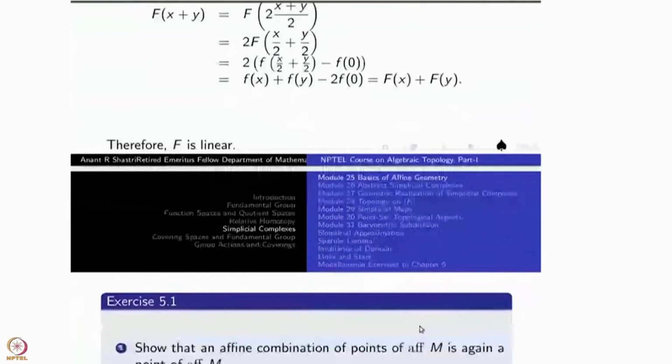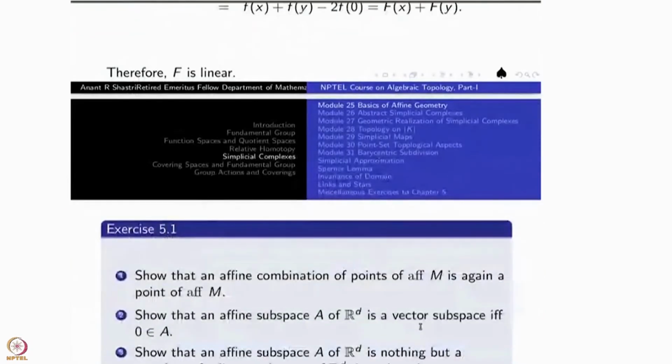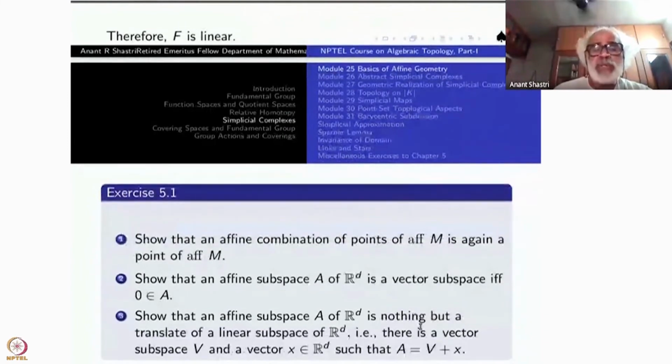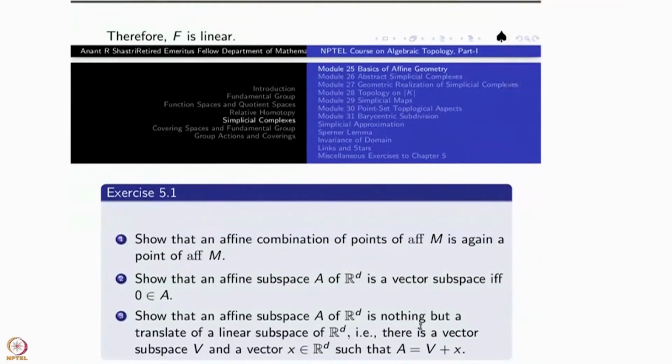Okay. So here are a few exercises. Okay, an affine combination of points of A is again a point of A. Okay, show that an affine subspace A of R^d is a vector space if and only if it is passing through the origin, that's all. Okay, all these exercises are very straightforward.